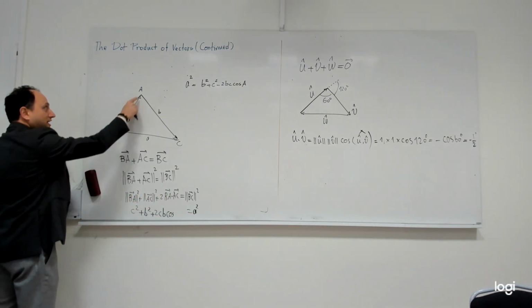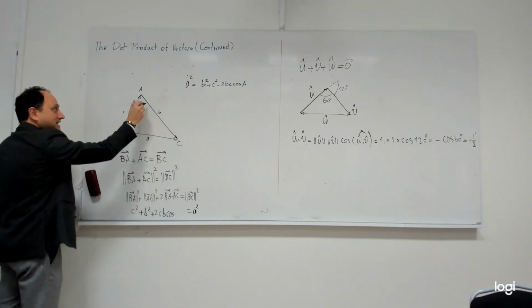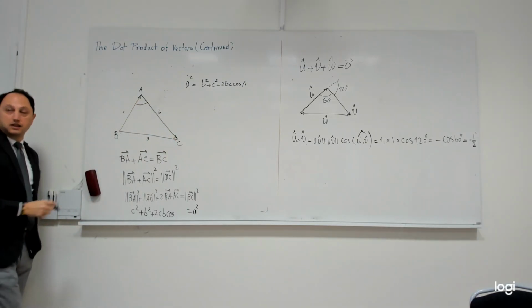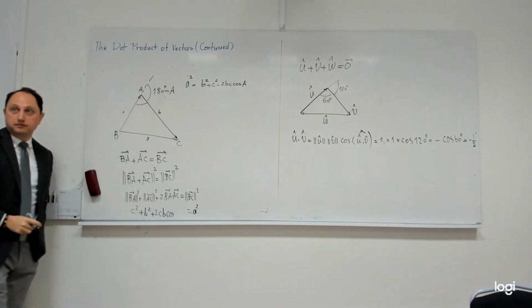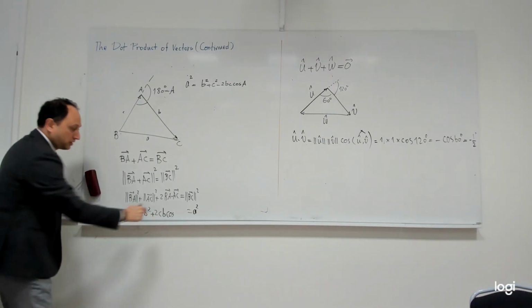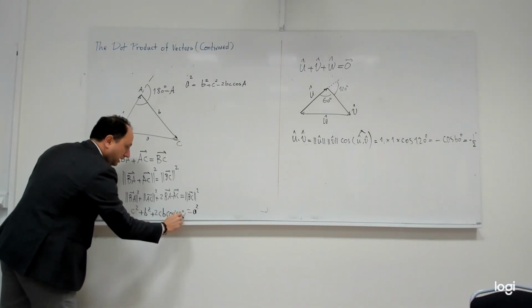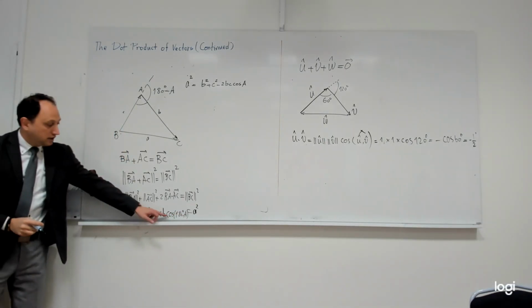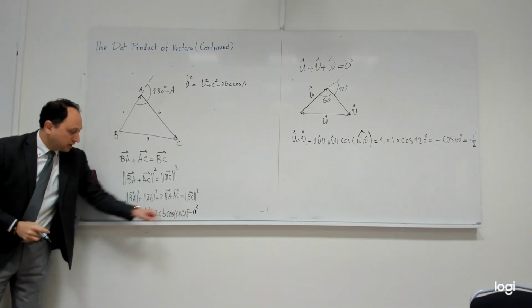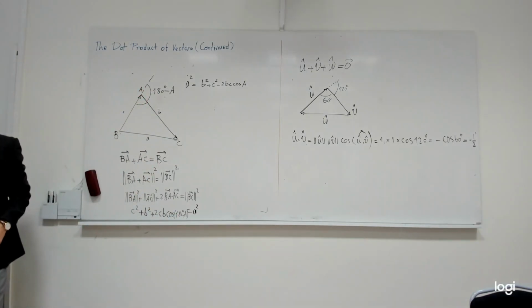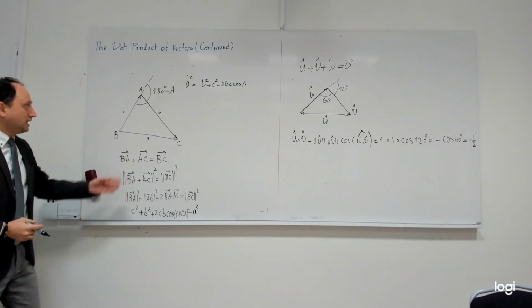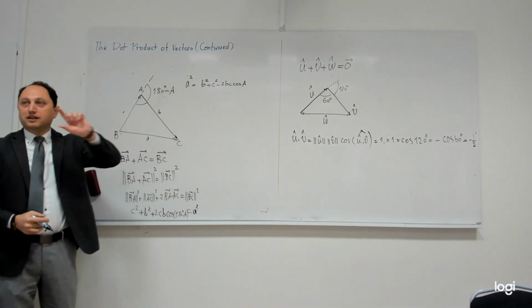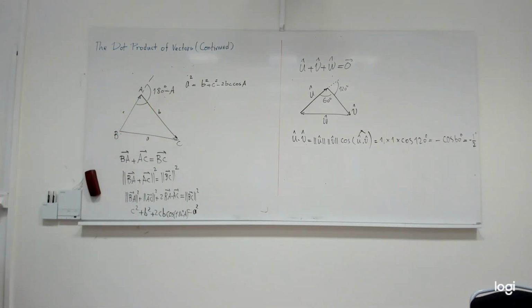The angle between vector BA and vector AC is not this angle, it is that angle, which is 180 minus the angle A. So you have to write plus, but the cosine will be cosine of 180 minus A. But cosine of 180 minus A is minus cosine A, and then you get the formula for the cosine rule. And this proof is much simpler and more straightforward, yes? Do you remember, if you go back to Math 3C, when we wanted to prove this, we had to use Pythagoras theorem in 3 triangles and connect them together. But here it comes very naturally when we go to the dot product.